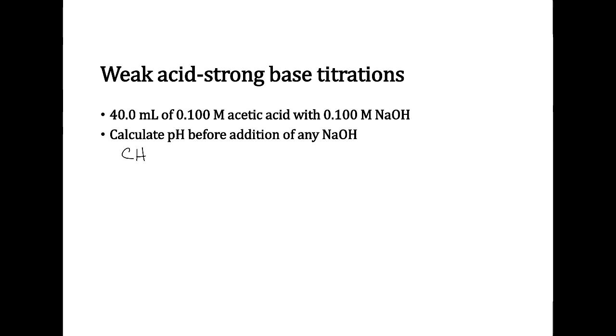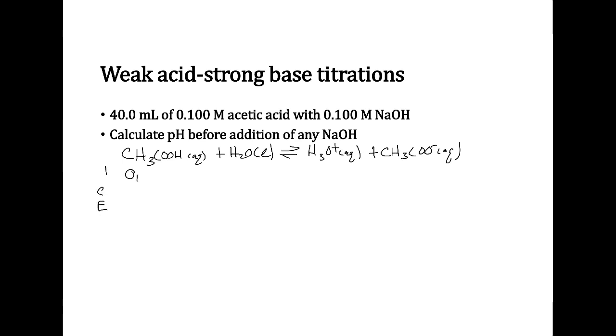We'll start out with our acetic acid, and then we'll look at the dissociation. So we'll end up with hydronium, and then also acetate as our products. We'll fill up our ICE chart with the initial concentration, 0.100 molar.